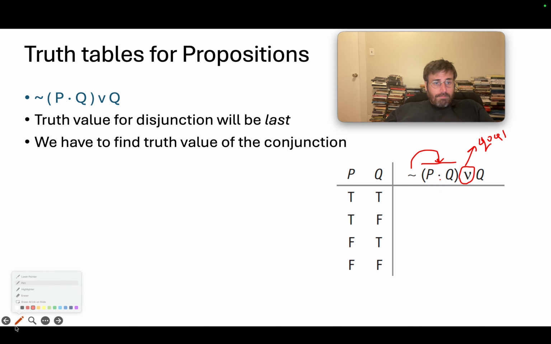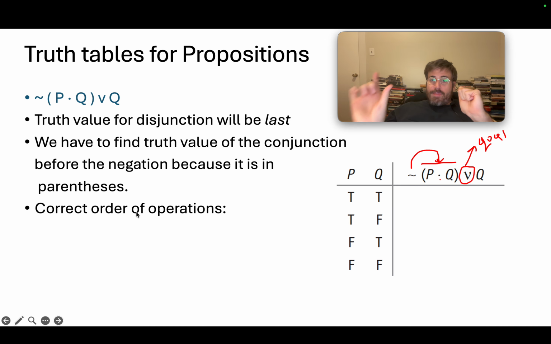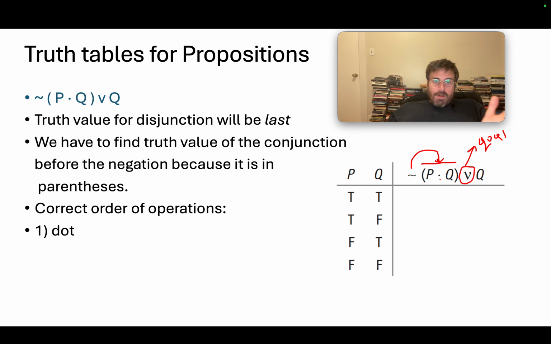Okay, so how do we move along here? We have to find the value of conjunction before the negation because it is in parentheses. That which comes in parentheses is simpler than that which is outside of parentheses. That which is outside parentheses is determining the truth value of what is inside the parentheses. So here's the correct order of operations. First, we find the value of dot because it's in parentheses.